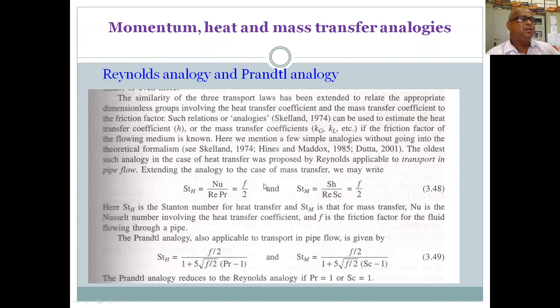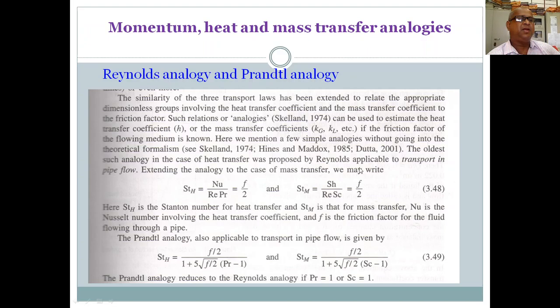And then similarly for the Stanton number for mass, that is Sherwood number by Reynolds number by Schmidt number, that is also F by 2. If this equation is valid, then calculation of the heat transfer coefficient and mass transfer coefficient will be very easy, because if you can calculate the friction factor, you know how to calculate the friction factor in pipe flows.